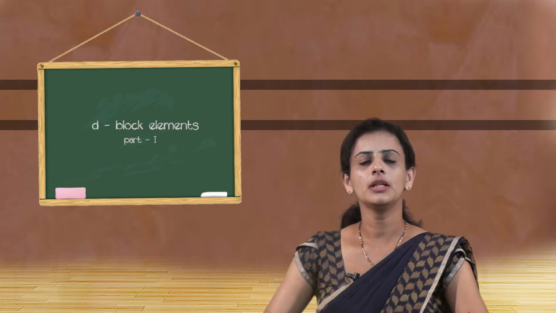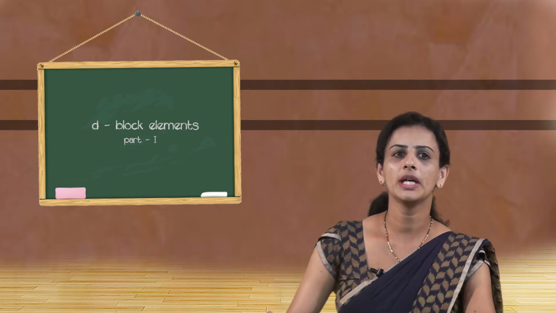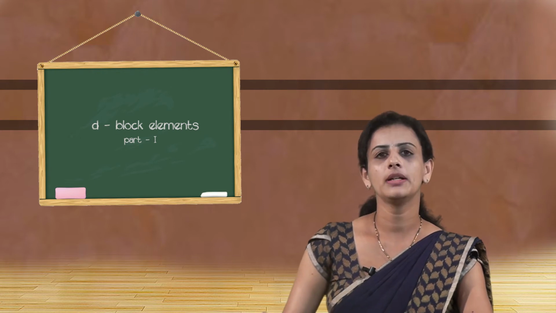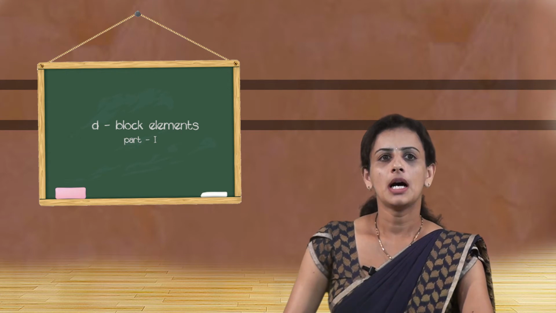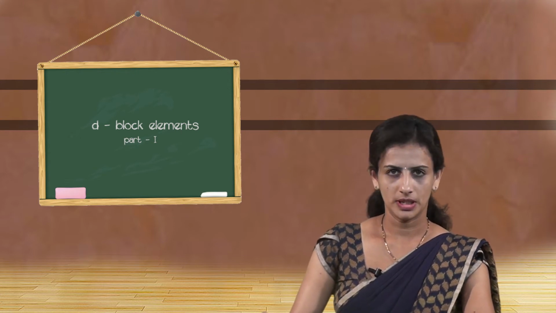This unexpected electronic configuration of chromium and copper can be explained on the basis of extra stability gained by half-filled and completely filled orbitals.